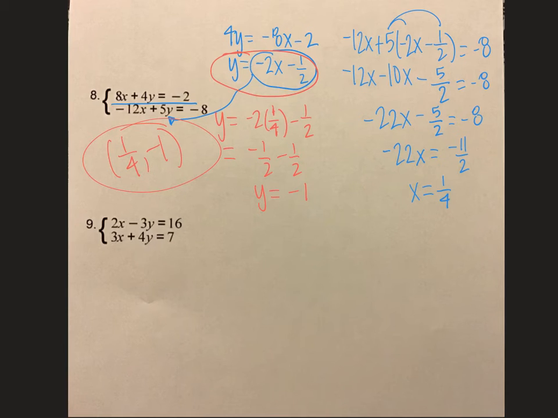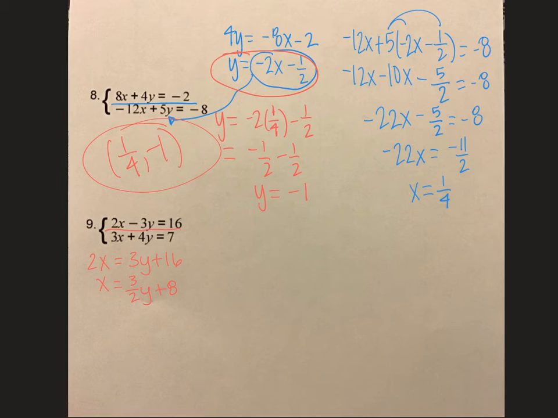Okay, so I'm choosing to look at my first equation, and I am going to go ahead and solve for x. First thing that I'm going to do is add my 3y to the other side, and then divide everything by 2.